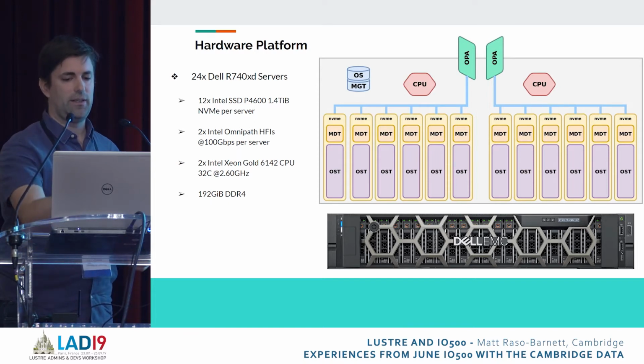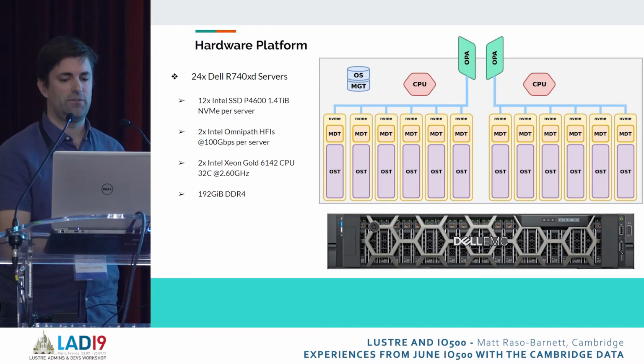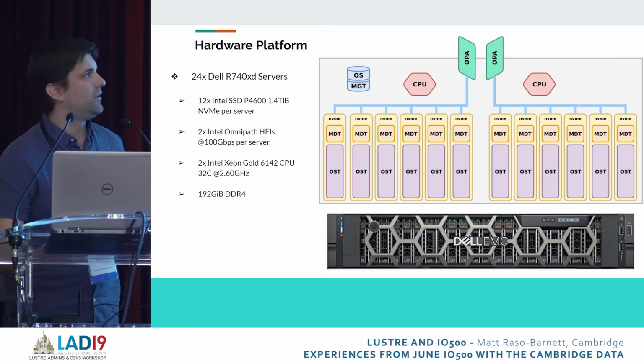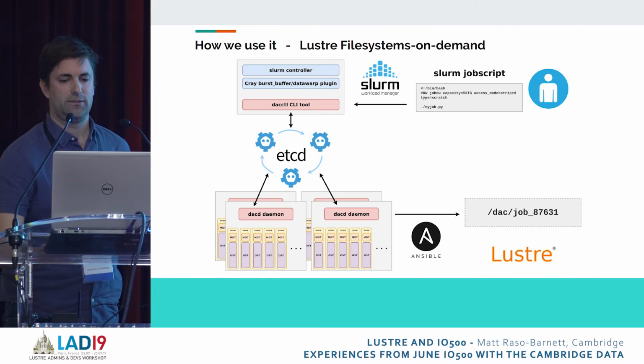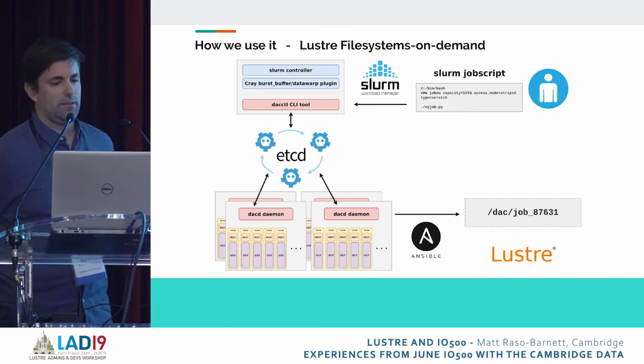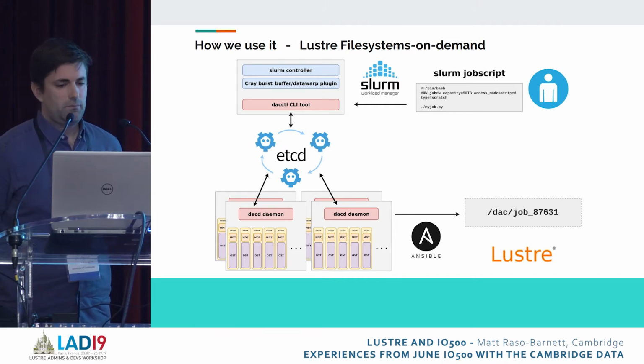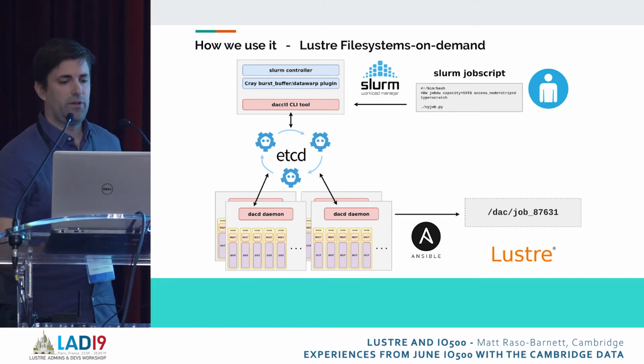So each of the drives we're using individually as OST or MDT, and this hardware platform fits into a wider system for us that is provisioning these as burst buffer-like Lustre file systems that are just used for a job and then thrown away. We have a software project called the Data Accelerator that this fits into.